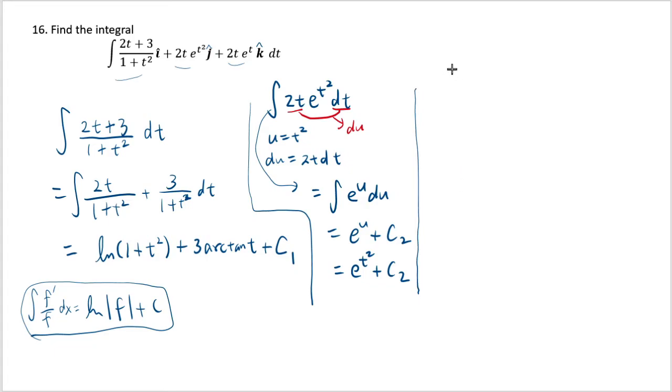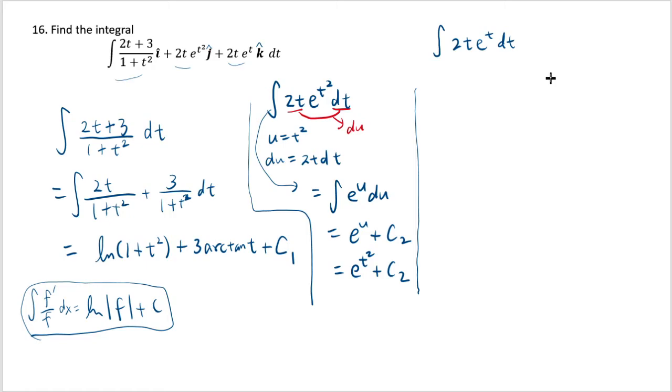Okay. Now the third one looks very similar to the second one, except that the derivative of t is 1, it's not 2t. Here, the derivative of t squared is 2t. That's why it's so effective to solve using u substitution. This doesn't have that structure. So in this case, you have to do integration by parts, or something called tabular integration.